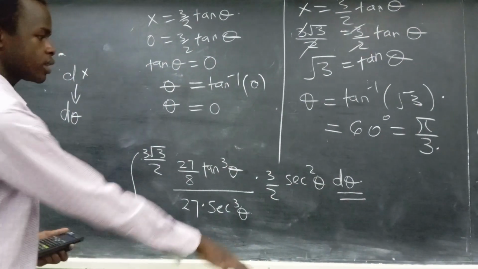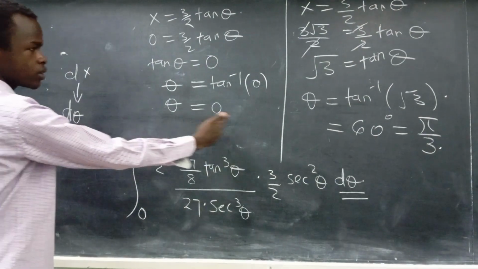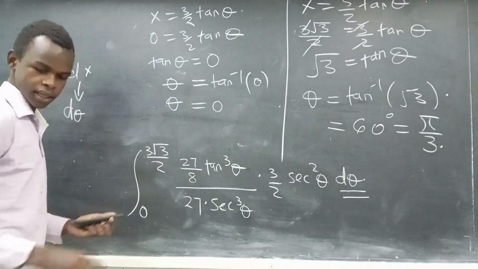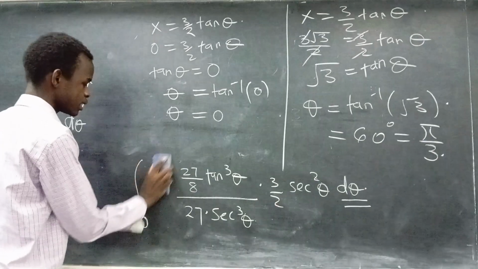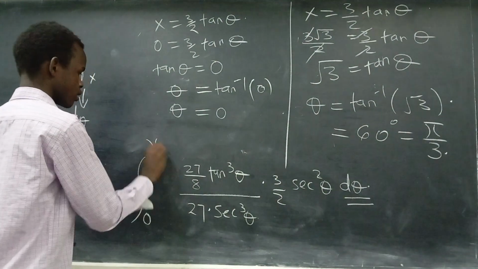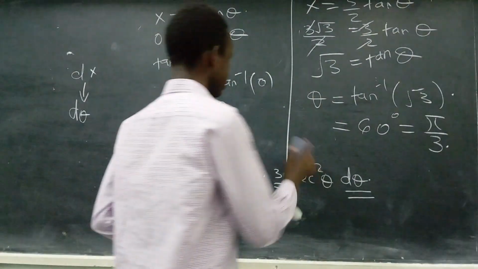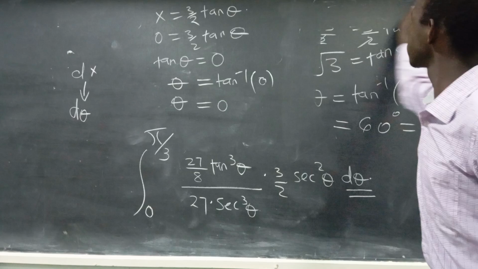Okay, so in the theta world, we'll replace this part with 0, and then this upper part, we'll replace with pi over 3. Okay, so that's our bounds, as you can see. So that's how we change the bounds.